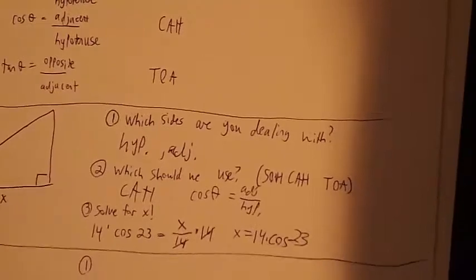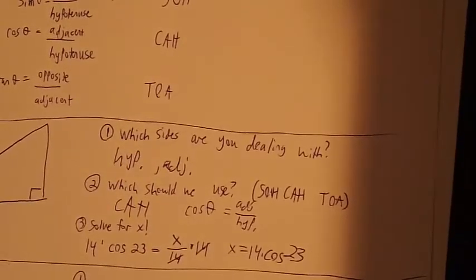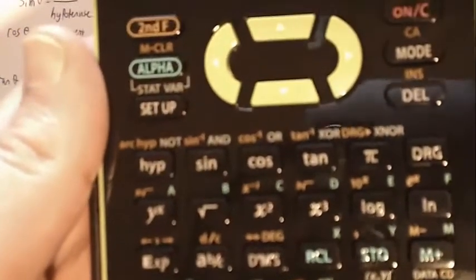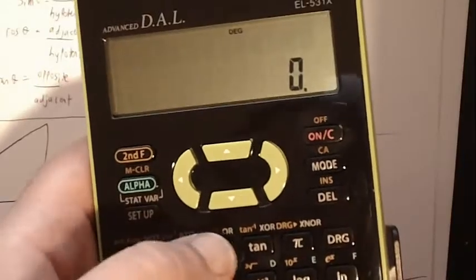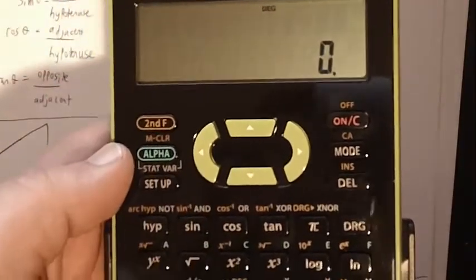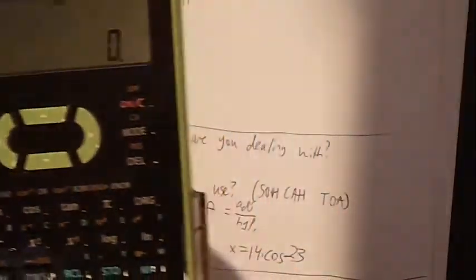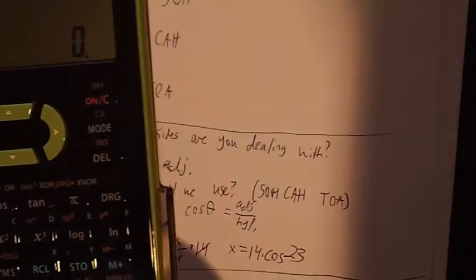And usually, let me get out a calculator, calculators will have a button that can help you deal with trig functions. This one, for example, you can see right here has sine, cosine, and tangent. So, what we're going to type in is 14 cosine of 23.